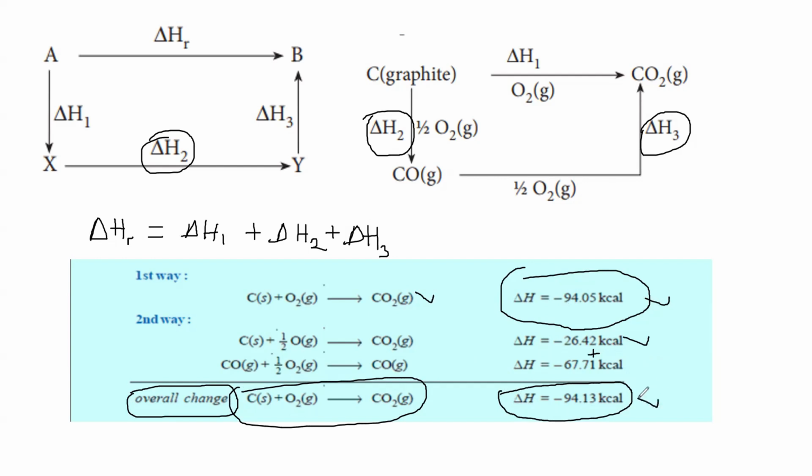So that is what Hess's law of constant heat summation means: whenever you have a reaction, and the reaction undergoes multiple steps, to get the enthalpy change of the reaction you just sum the individual enthalpy changes at each step of the reaction.